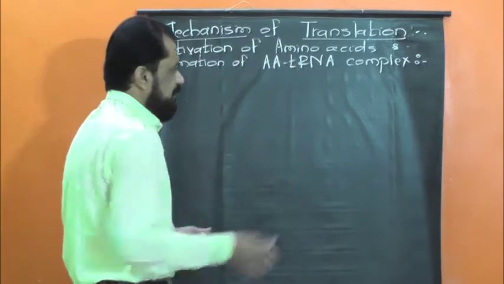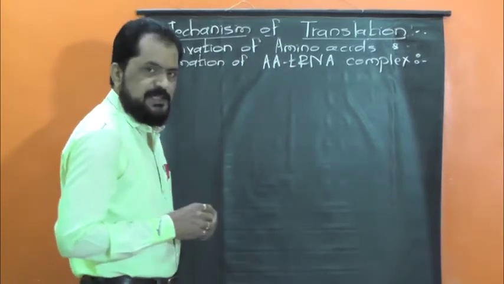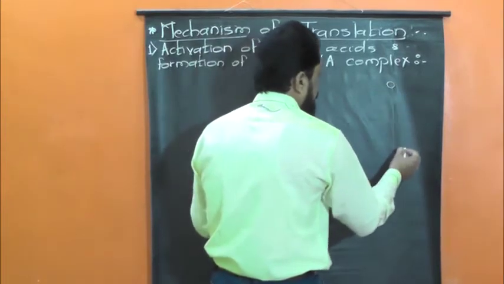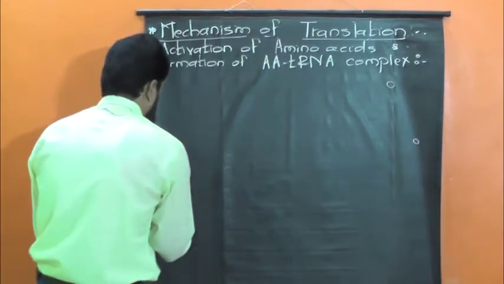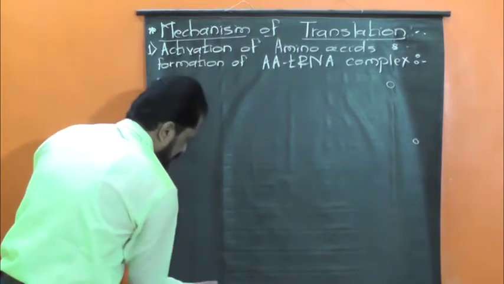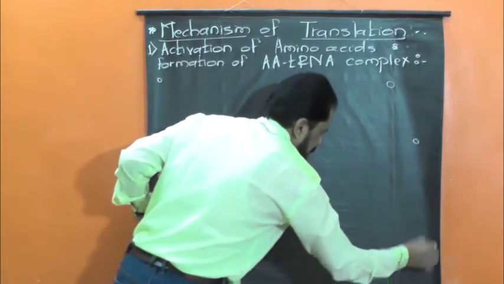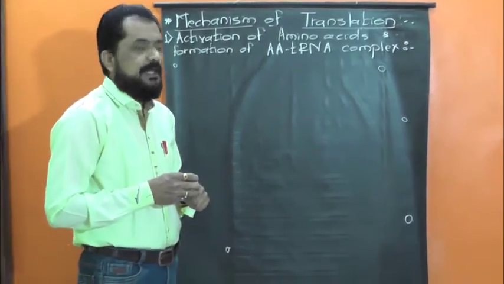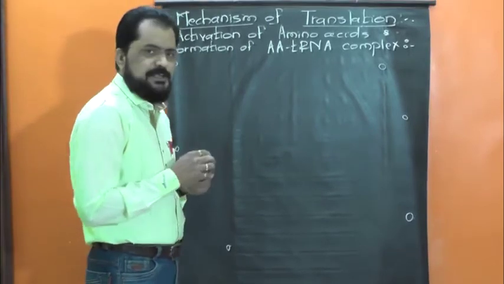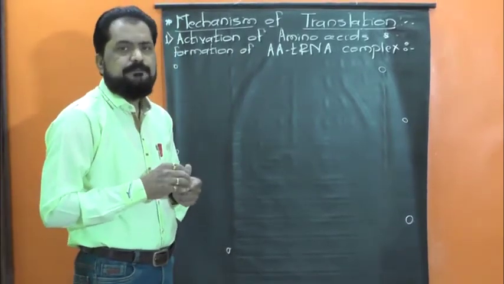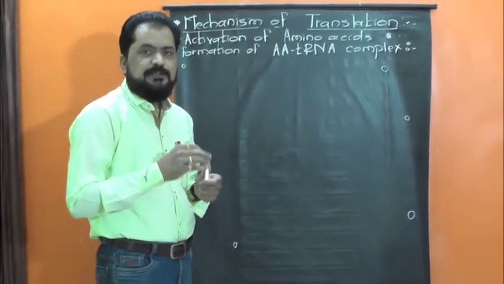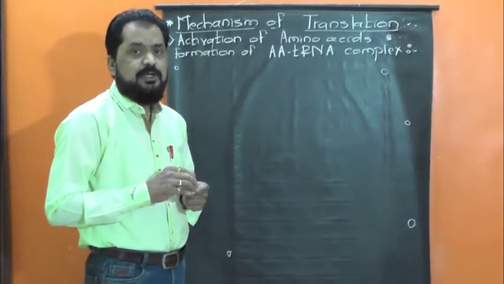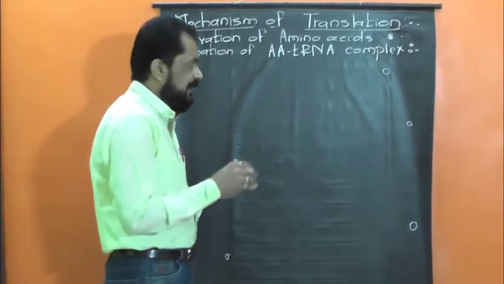Consider here is the cytoplasmic matrix, and all the different amino acids here are activated. Immediately after activation, each amino acid binds with the 3' end, that is the CCA end, of a specific tRNA.